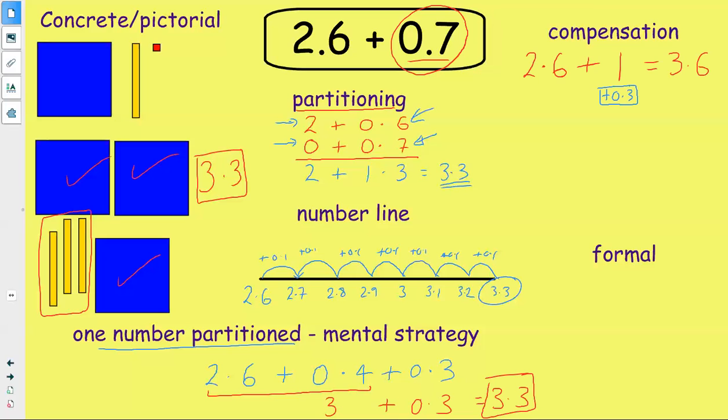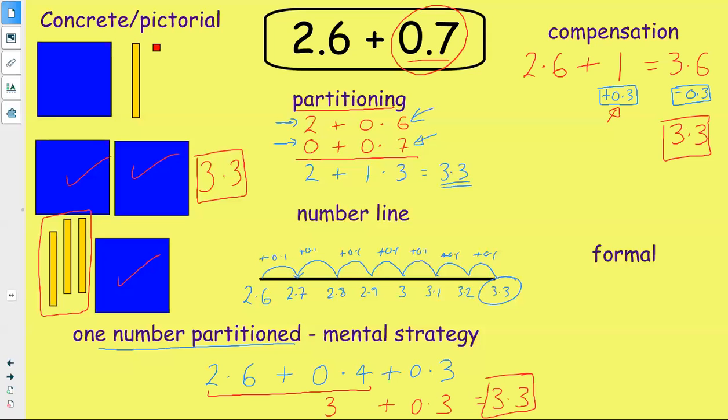But you added on an extra 0.3, so you need to compensate by taking that away again, or subtracting that. So we need to then subtract the 0.3 away from the 3.6. And again, that would give you an answer of 3.3.